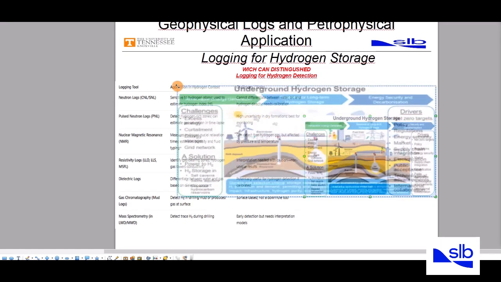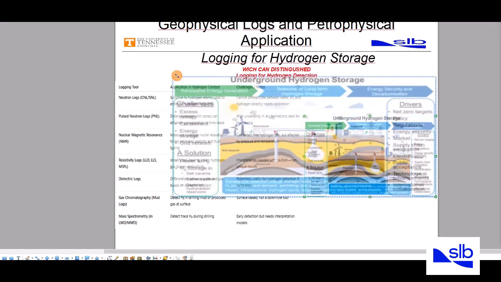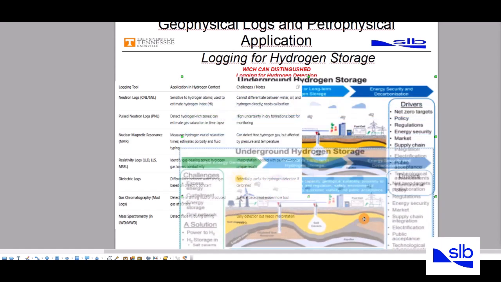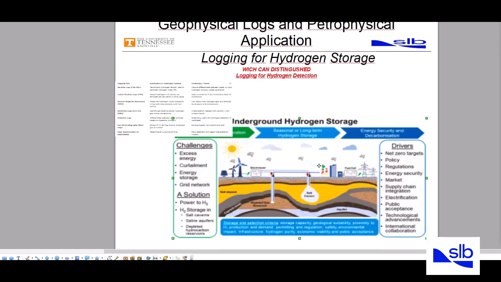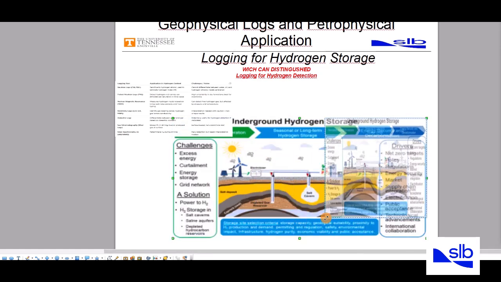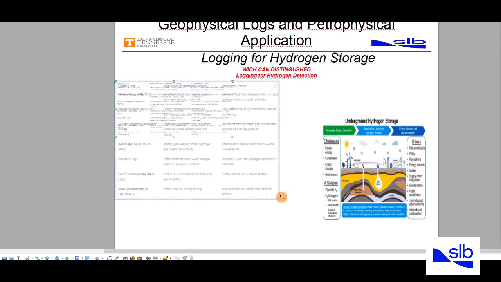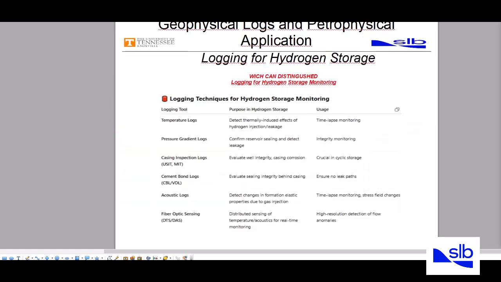So this scheme represents a typical condition around underground gas storage, for example the solution of hydrogen in a salt aquifer, or an example of capture and storage of the hydrogen.